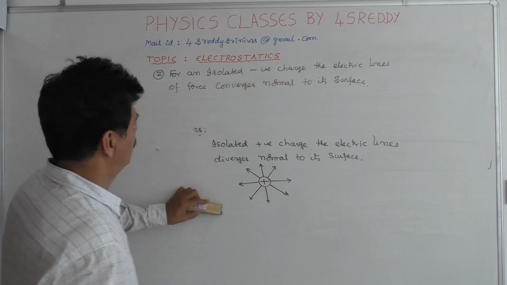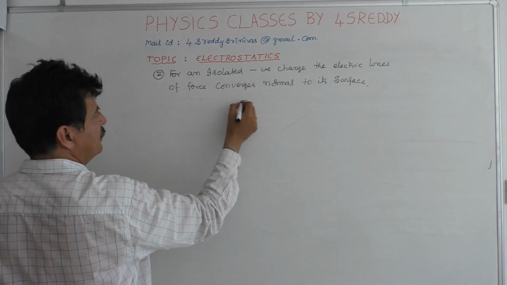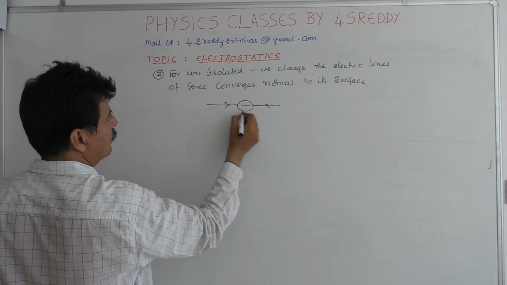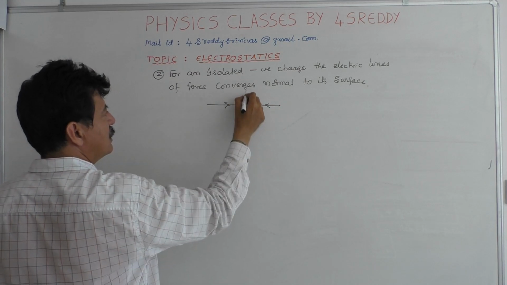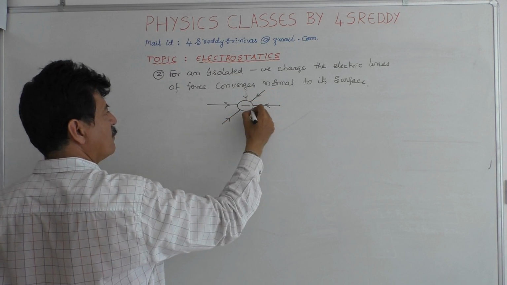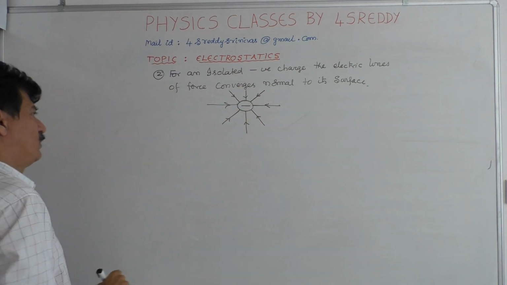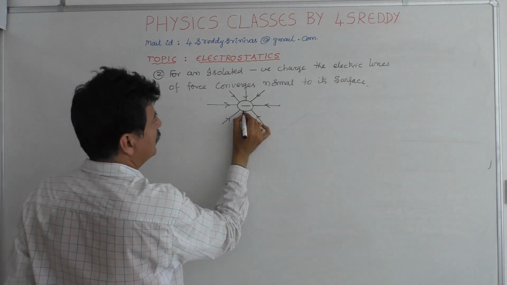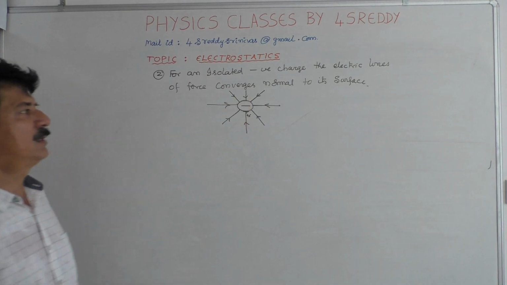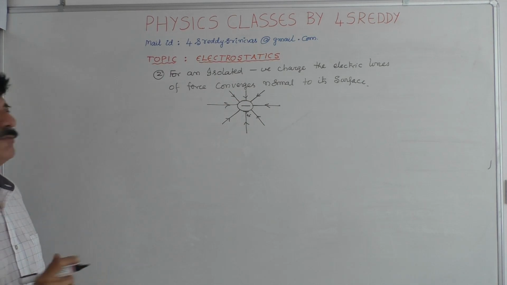If you observe, if this is the negative charge, then all the lines of force converge normal to the surface. If you draw the tangent at any point there, it always gives the normal to the surface.